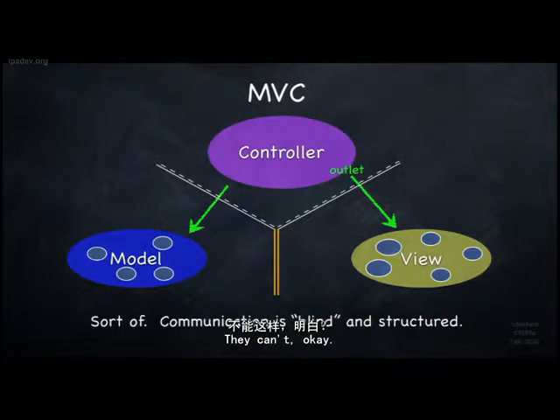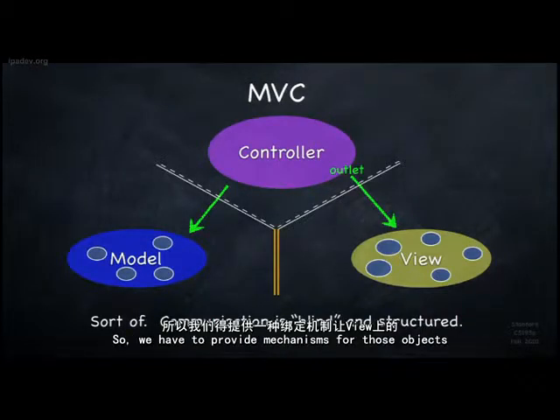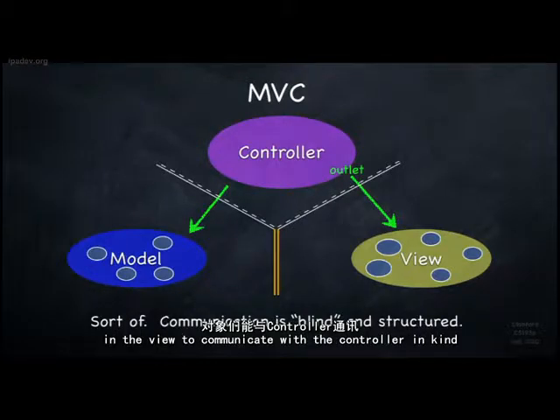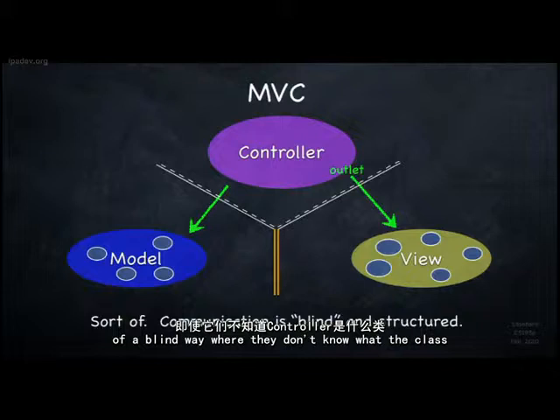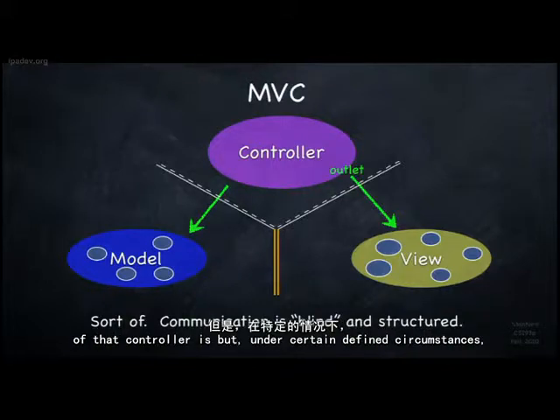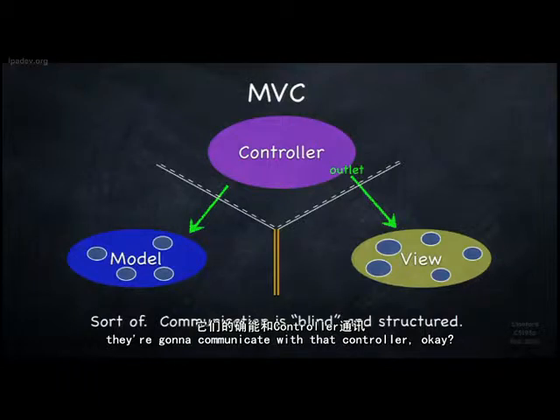They can't. They're built generically. So we have to provide mechanisms for those objects in the view to communicate with the controller in a blind way, where they don't know what the class of that controller is, but under certain defined circumstances, they're going to communicate with that controller.